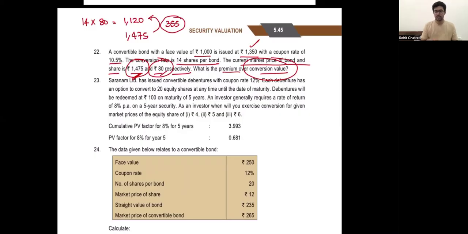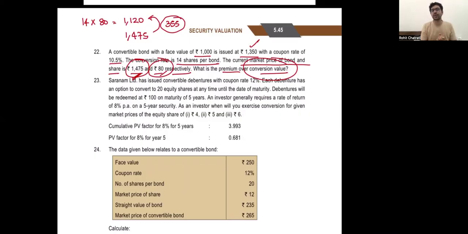If you think of it, you could have gone to the market and purchased 14 shares. That would have cost you 1,120. Another option is you can buy a convertible bond and convert that bond into 14 equity shares. You have two options in front of you. One, go to the market and buy 14 shares.